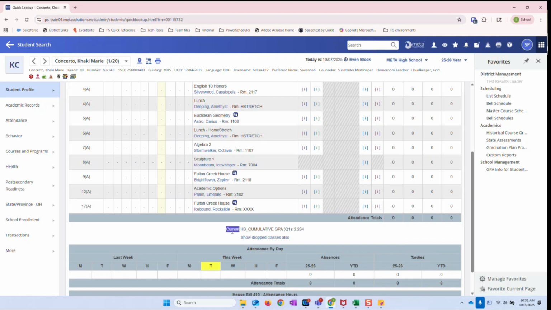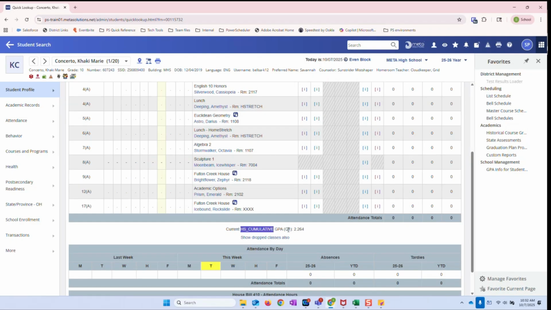That's PowerSchool default. And then this term here is just telling you what term is the current term set for the building. So this does not mean that the student has a 2.264 for their Q1 grades only. It truly is their cumulative GPA, because that's what's set here.